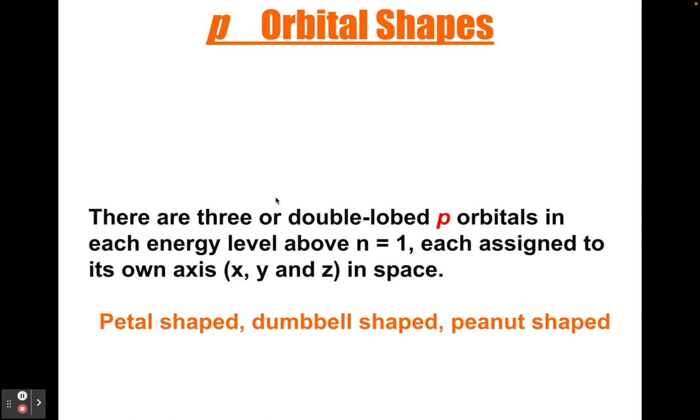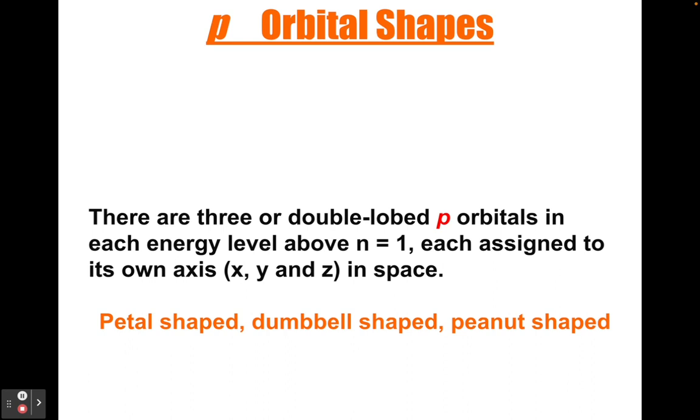What about p orbitals? p orbitals, there are 3 of them. And these come about after your energy level number 1. All energy levels have an s orbital. So n equals 1 has an s orbital, n equals 2 has an s orbital, and so on.